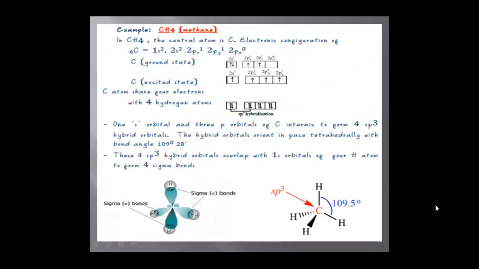These 4 electrons of the excited state of carbon overlap with 4 electrons donated by the hydrogen atoms. So the 1s orbital and 3p orbitals of carbon intermix to form 4 sp3 hybrid orbitals. These sp3 hybrid orbitals are oriented in space tetrahedrally with a bond angle of 109 degree 28 minutes.